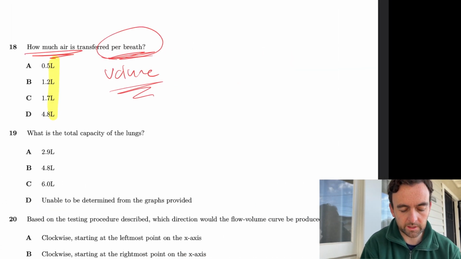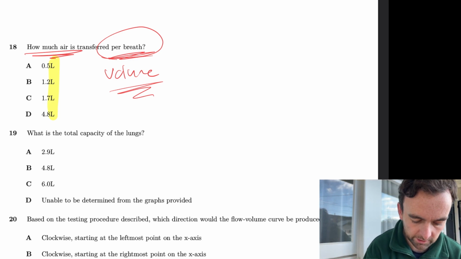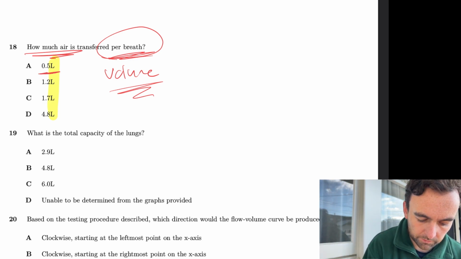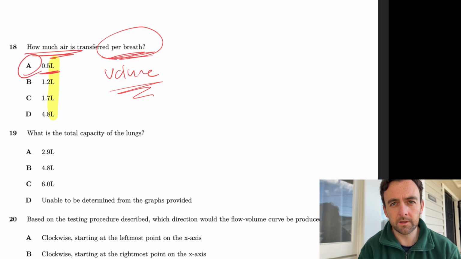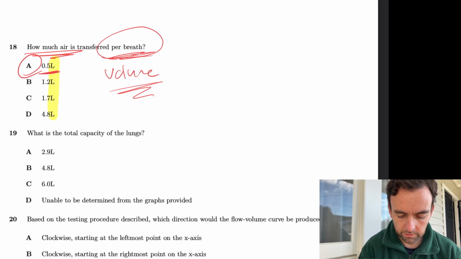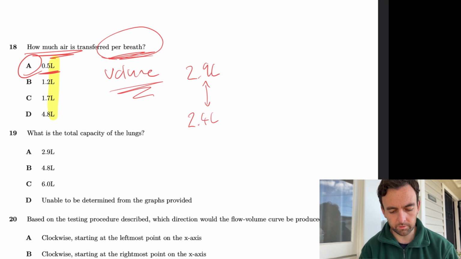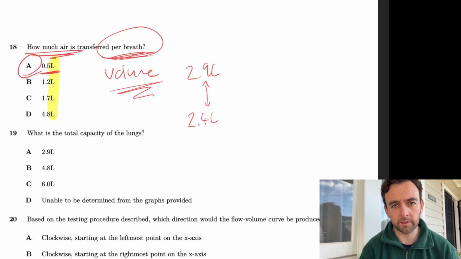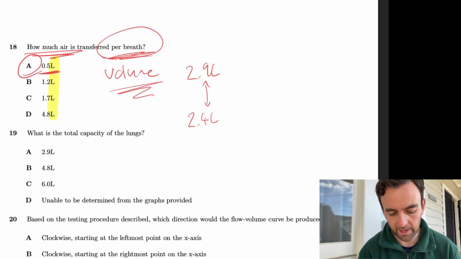That's something you'll see as a constant theme: I'm always checking the units to make sure there's no mismatch. You can see that we've got 0.5 there. So this would be A, because we've got 2.9 liters going back and forth between 2.4 and 2.9. So we're transferring 500 mL of air per breath.